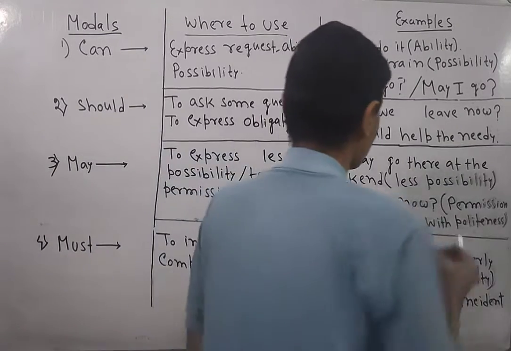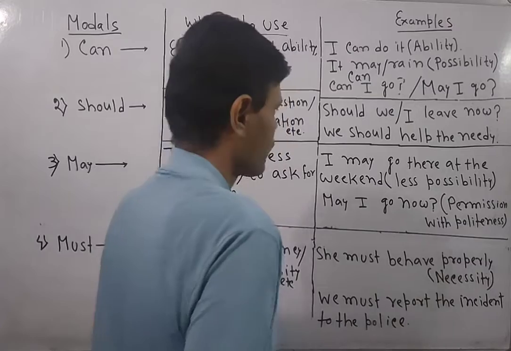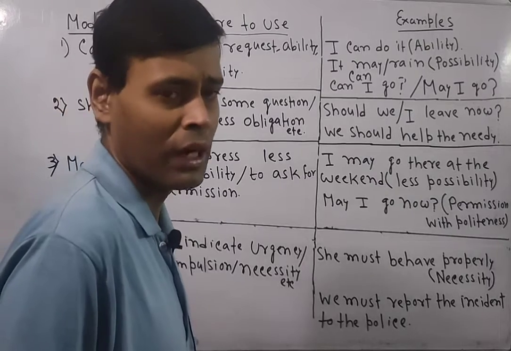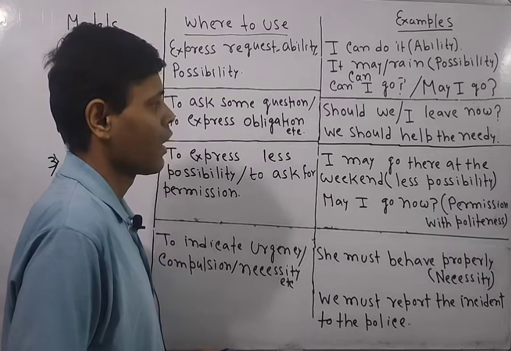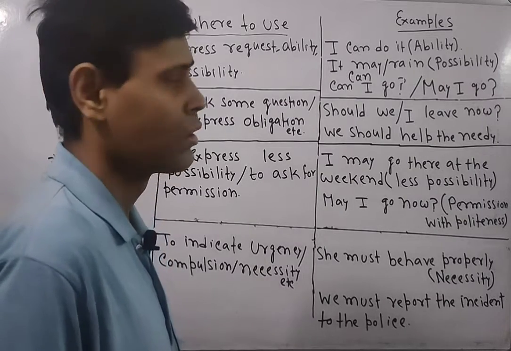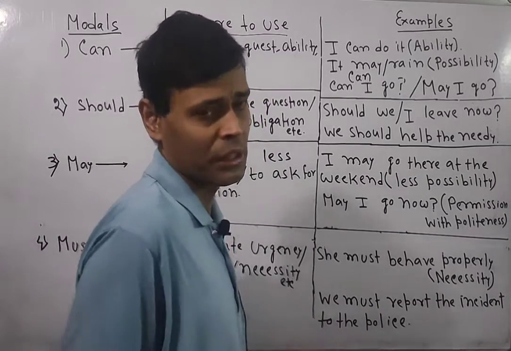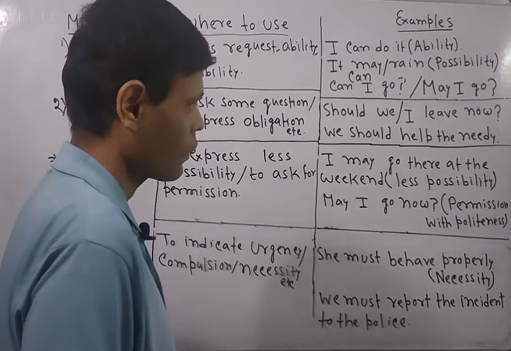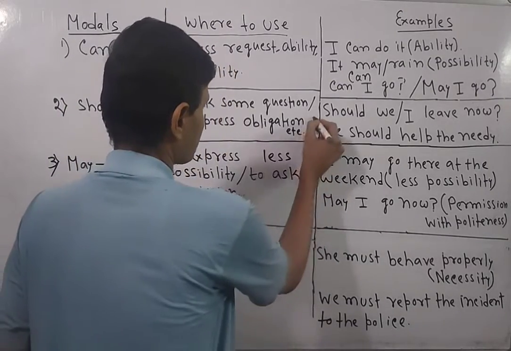Or should I leave now, etc. It indicates that we are not sure whether we or I should leave now. So whenever you ask a question and are not sure about the result, you can easily write should I or should we, should he, etc. To express obligation, that means obligation or duty, something like duty.